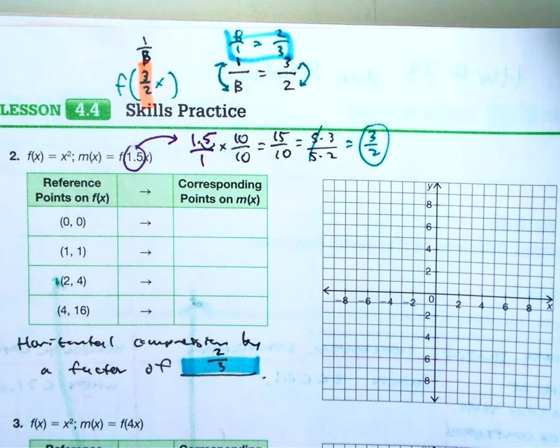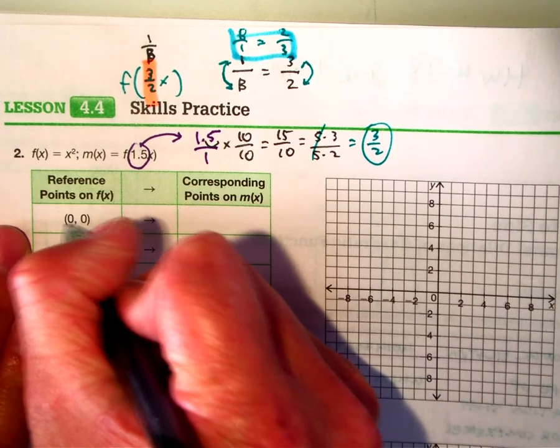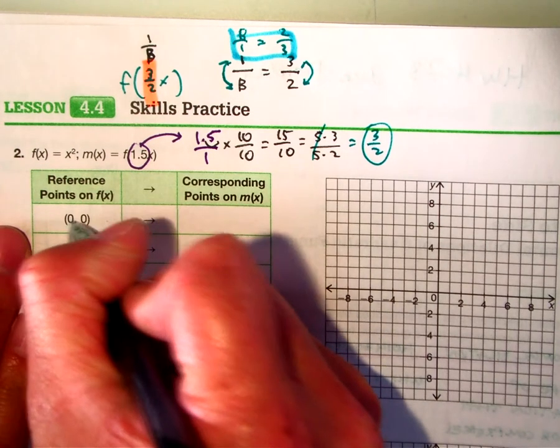All right, here's what we need to do now. We need to take our x values and divide them by 2/3.